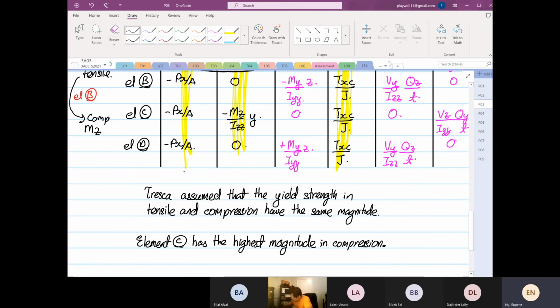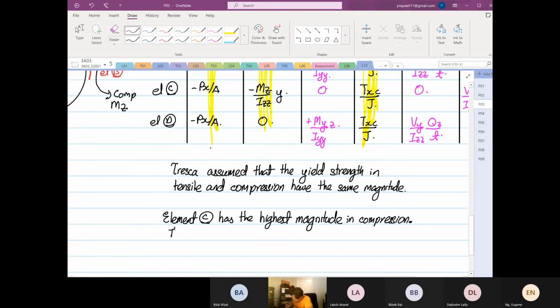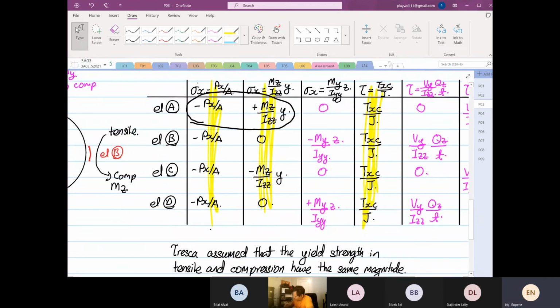Therefore, it is used for the analysis. Okay, so we're going to select element C. Element C is valid because of maximum compression.